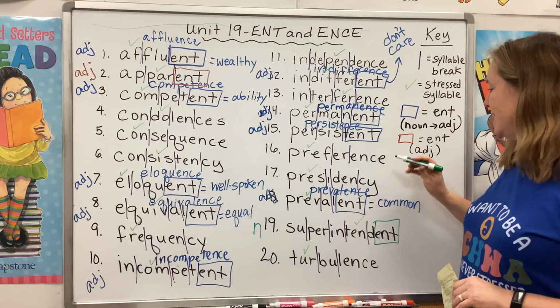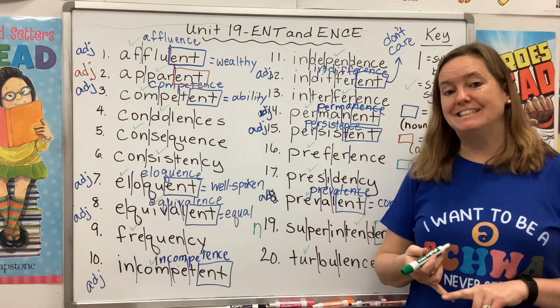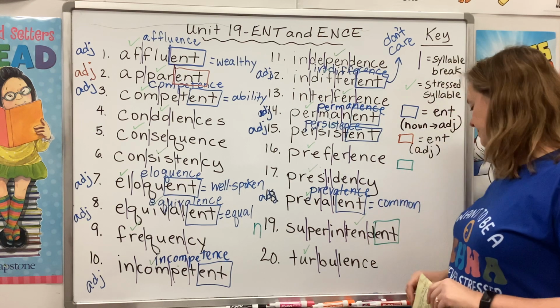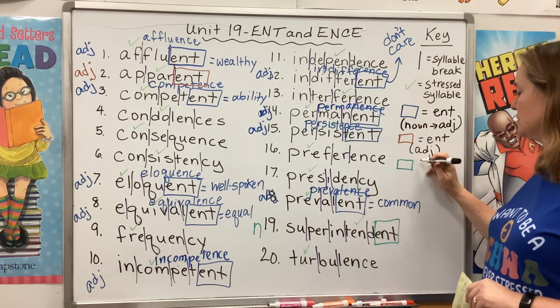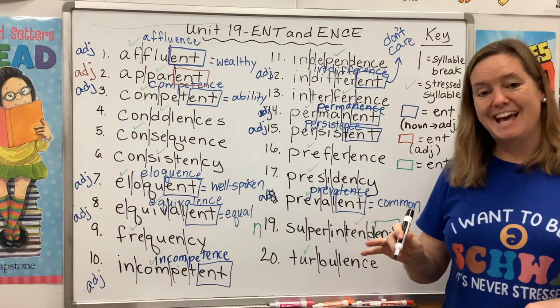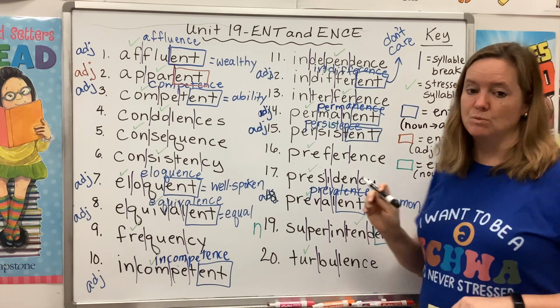So a superintendent is a person. We see this ending with words like resident or president. Those words are all ENT endings, but unlike most ENT endings, they are all nouns.